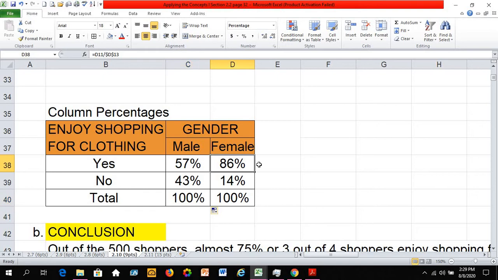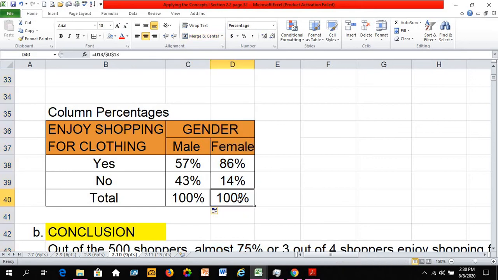You do it the same with the female column. To interpret this, out of 100 male shoppers, 57 of them enjoy shopping for clothing, and 43 of them do not enjoy shopping for clothing.